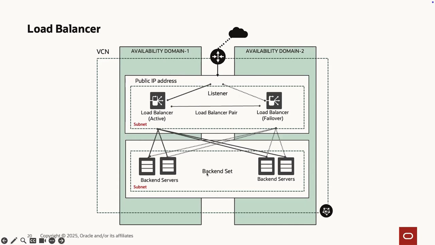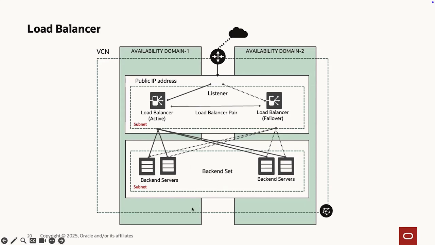And then we have the backend set down here, consisting of backend servers for each of these. So backend server, that's just an application server responsible for generating content in reply to any of the incoming TCP or HTTP traffic.